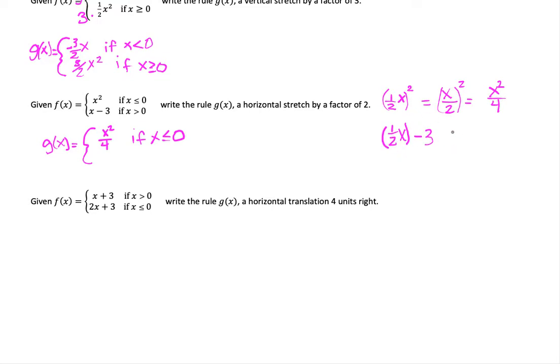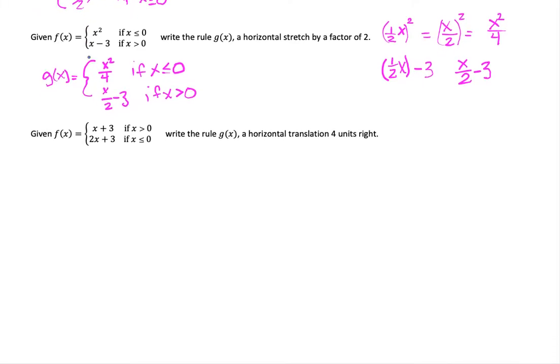I'm going to write it as x over 2 minus 3, and that's if x is greater than 0. I do apologize for this being so super messy all the time. It's the best I can do, I think.